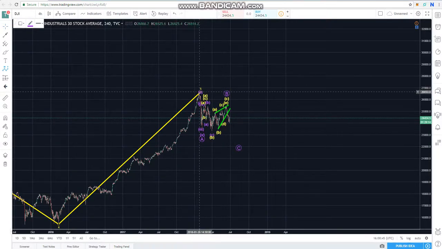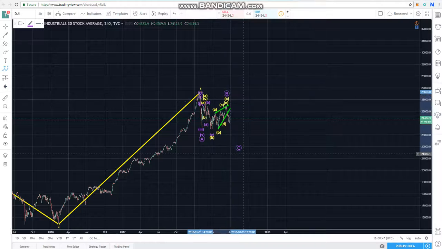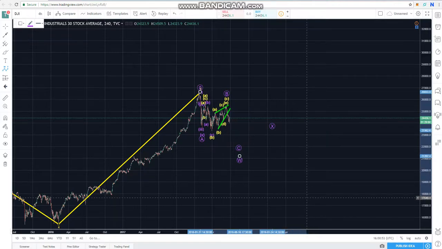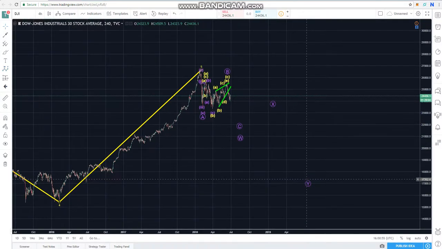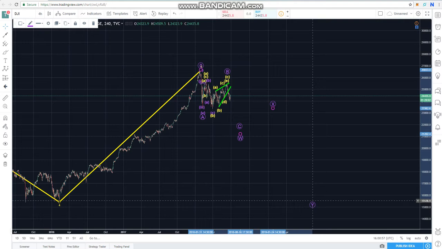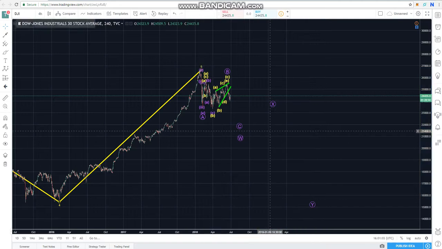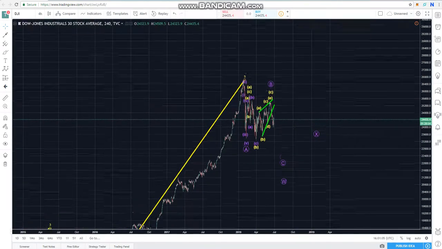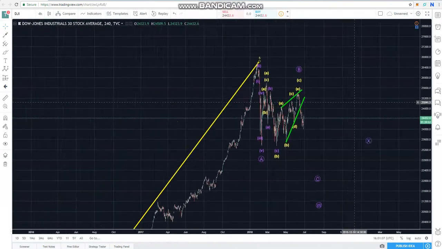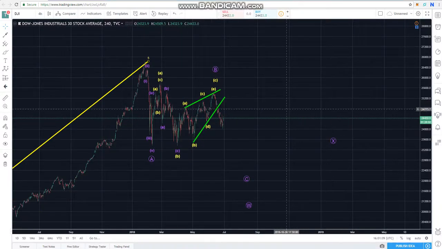So this entire ABC count would classify as W, and then we will see a short rally for X, and then a subsequent decline, which is Y, towards the wave 4 low. So this would be what Elliott wave theory would suggest for the next few months or next year of price action for Dow Jones.